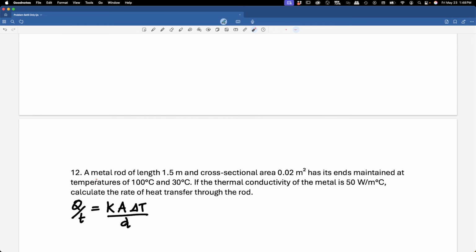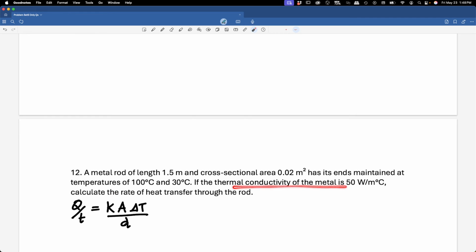This is called conduction. And you're asked to find the rate of transfer of heat through the rod. So you're asked to find Q over t. Now, little t is time. So you're finding how many joules go across the rod in 1 second. That's what you're finding. So for that, you need K, which is a constant.